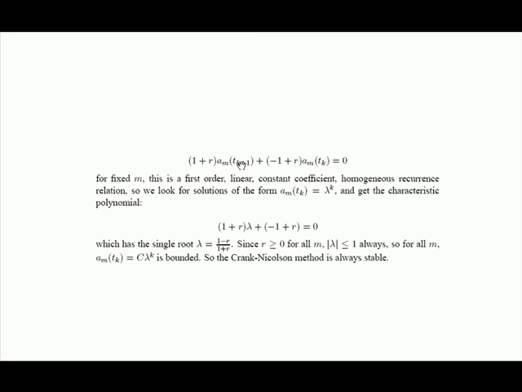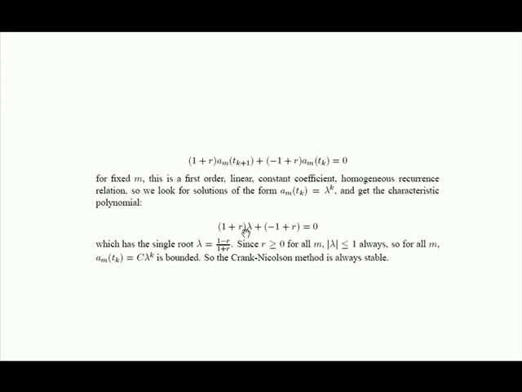And we get a recurrence relation with constant coefficients. For fixed m, they're constant anyway. And so as in chapter 1, we know that constant coefficient homogeneous linear recurrence relations can be solved with exponentials, lambda to the kth power.